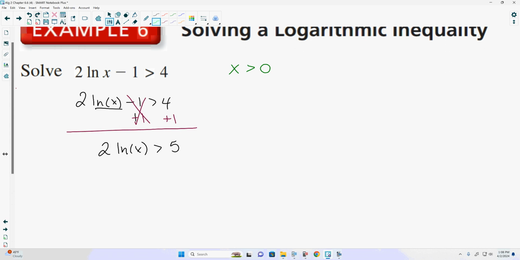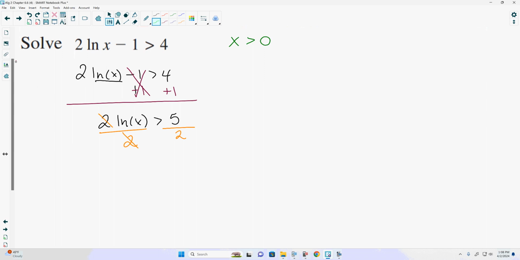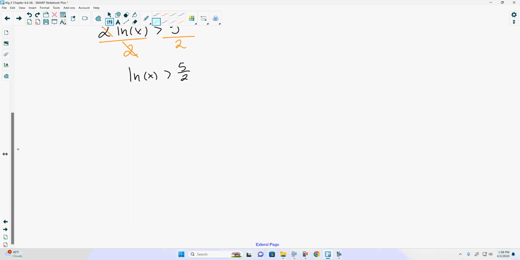What do we need to do next to get ln by itself? Because our 2's would cancel, telling us that the natural log of x is greater than 5 halves. And what do we do next? How can we get rid of the ln?